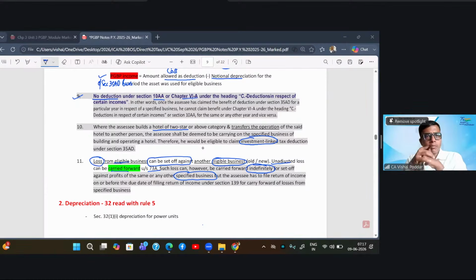Sridhar is asking, sir, amortization of preliminary expenses is written off over 5 years or 10 years. The answer is, in the Income Tax Act, in PGBP head, only if you are into mining business, only for mining business, the period given is 10 years.